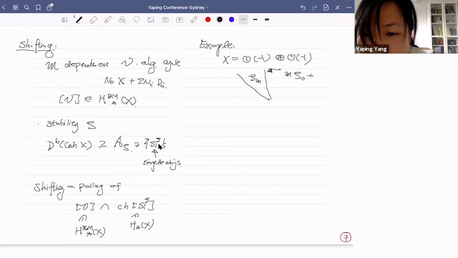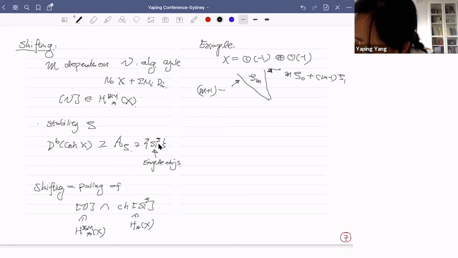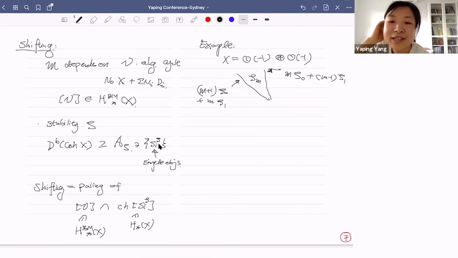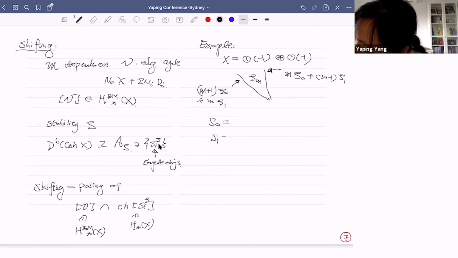So I will write the coefficients as m minus 1, m plus 1 and m. So I'm inside this chamber, so I'll denote the stability condition by eta_m. So in this case, the two simples, S0 and S1, are just the O_P1's by some shifting, like Gufang said. The m plus 1 one is shifted by -1.